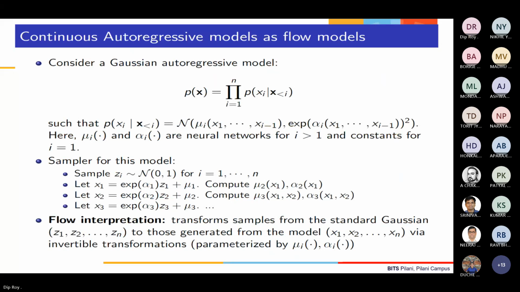Remember, we talked about autoregressive models and LLMs. LLMs are essentially discrete autoregressive models. Now, what you need to understand is that continuous autoregressive models are also kind of flow models. Why are we saying this?